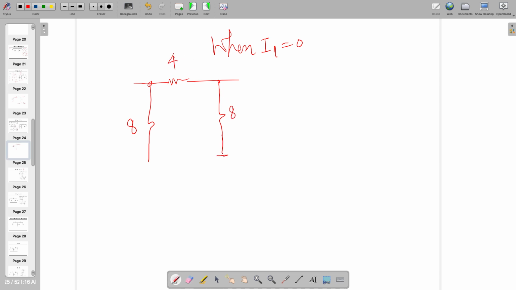By the way, just to understand whether you remember or not, do you know the name of this circuit? There is some special name of this circuit. So it's called pi circuit. Okay, and the other one is like this.